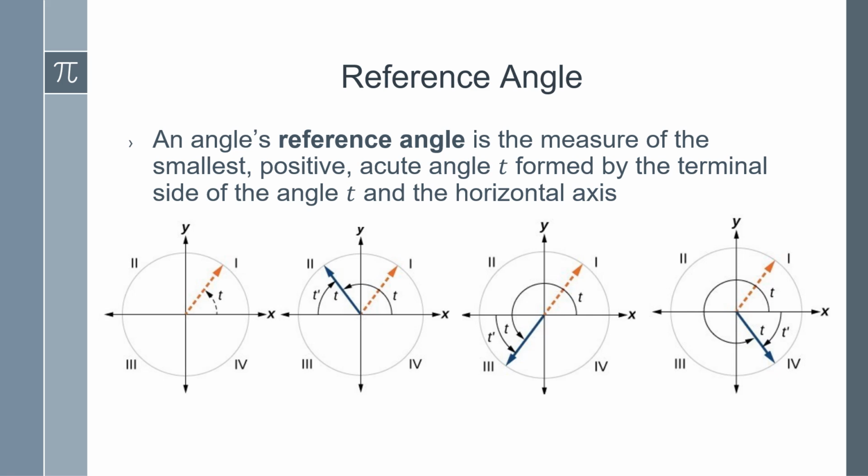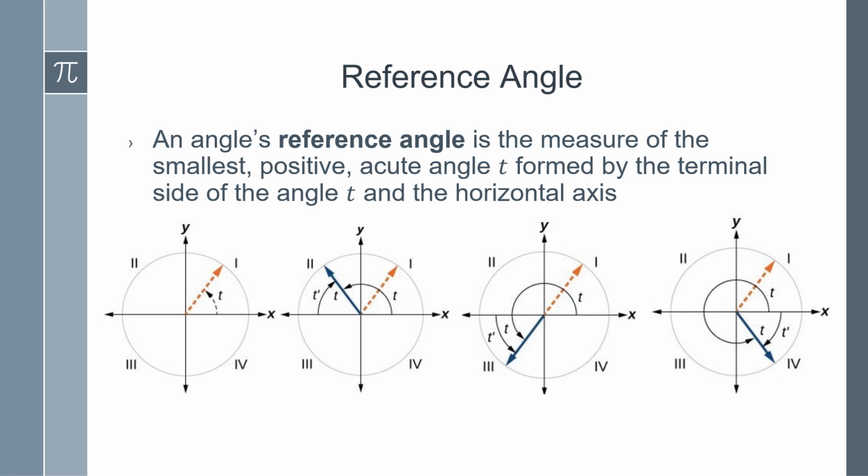All right, y'all. Let's discuss reference angle. So, at angles, reference angle is the measure of the smallest positive acute angle formed by the terminal side of the angle T and the horizontal axis.